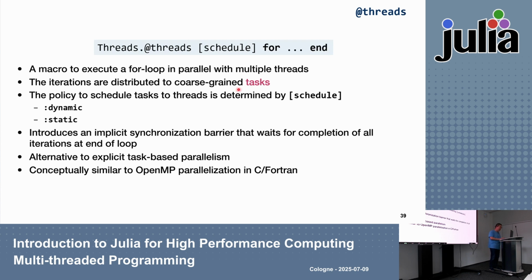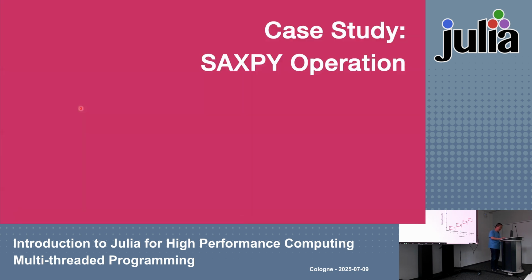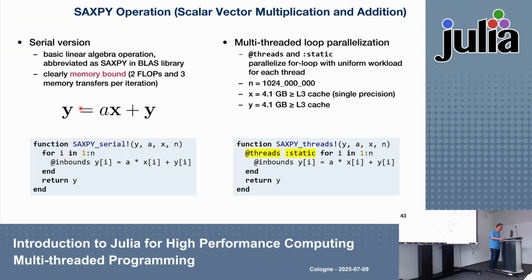And there are ways to determine how to schedule those threads, but maybe let's skip those slides and just go to one case study, the so-called SAXPY operation. Yeah, because in my opinion, with a simple example, it's easier to learn or to understand what is going on there.